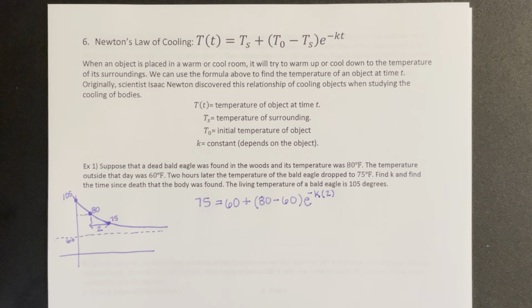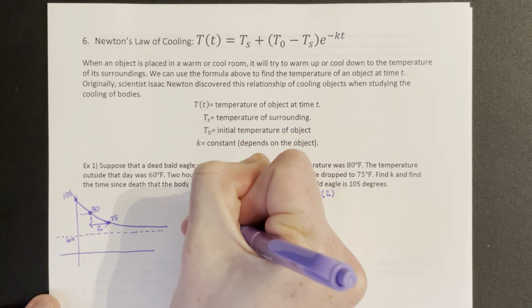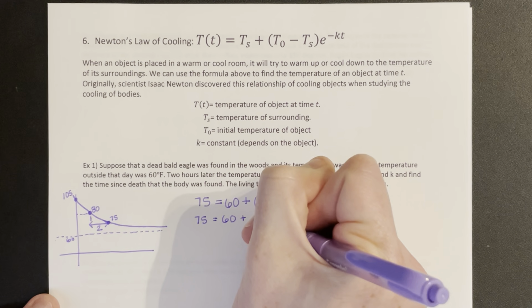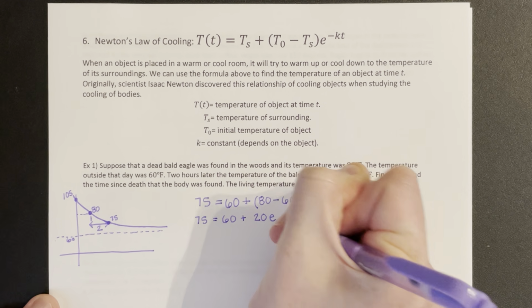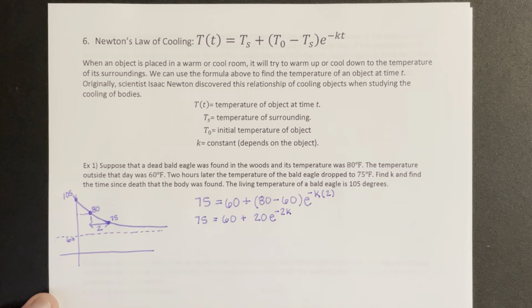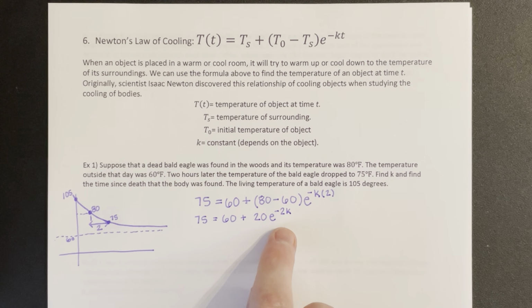All of this is a lot of algebra to solve, but we can simplify it a little bit at a time. So 75 equals 60 plus 80 minus 60 is just 20, e to the negative 2k. If I want to solve for an exponential, we want to get the exponential part by itself.